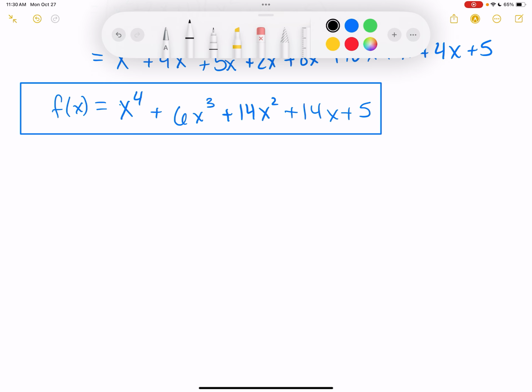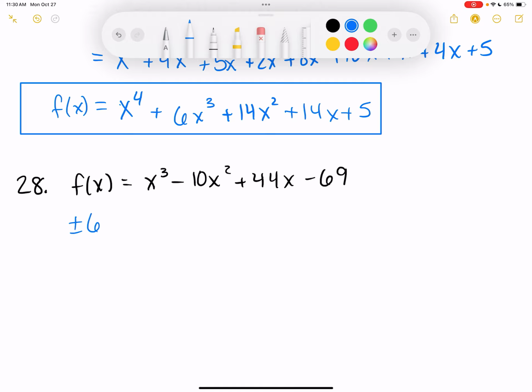So 28, f of x equals x cubed minus 10x squared plus 44x minus 69. All right, so I need to find all the zeros. How do I do that? That's minus 69. Yep. So then obviously I don't need to write everything over 1.